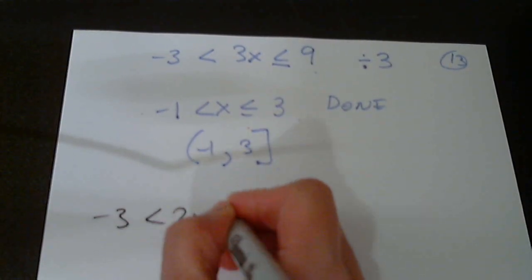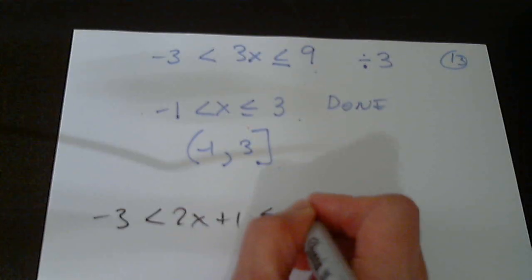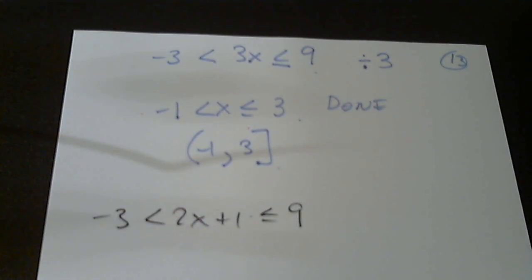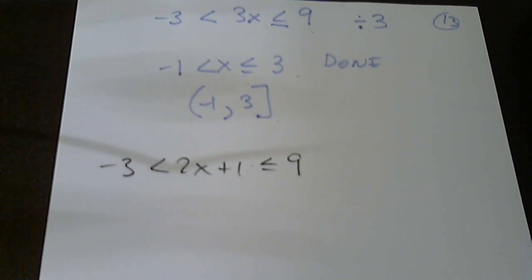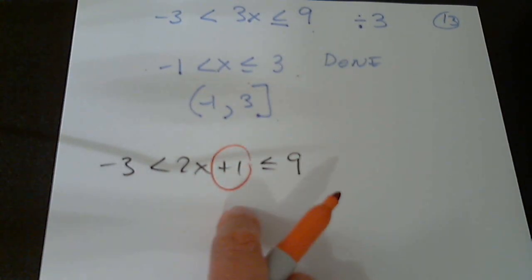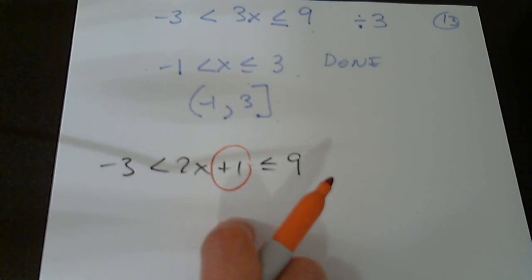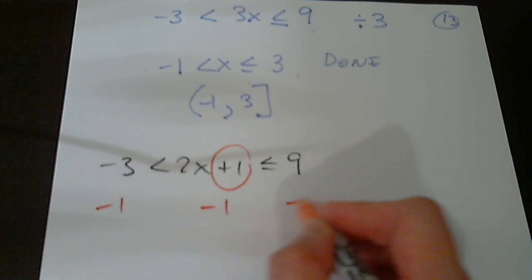-3 less than 2x plus 1 less than or equal to 9. First step, please. What will you do? Subtract 1. Yes, the weakest link first. Subtract 1, subtract 1, subtract 1.